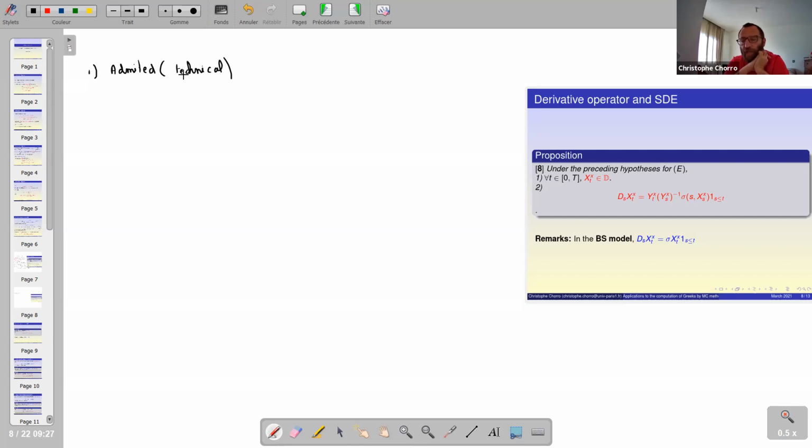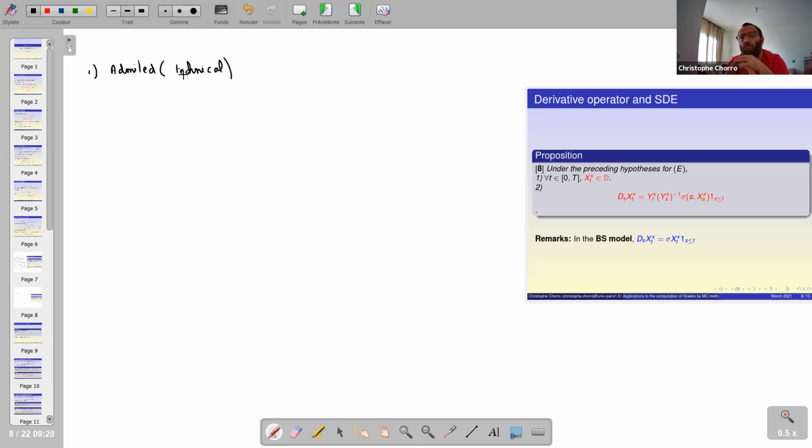And you can prove once again that the approximation converges to the solution, that the approximation belongs to the domain of the derivative operator, and that you can compute the derivative of the approximation and prove that the derivative of the approximation will converge towards something, and using the closedness of the derivative operator, prove that the limit is in the domain and that the value of the derivative for capital X will be obtained by computing the limit of the derivative of the approximation.